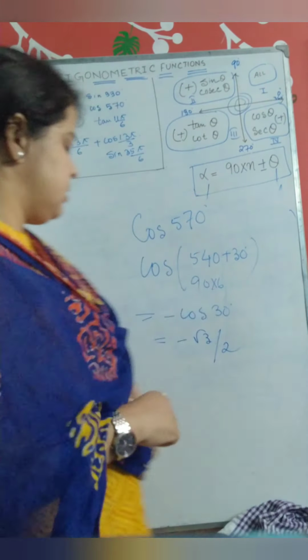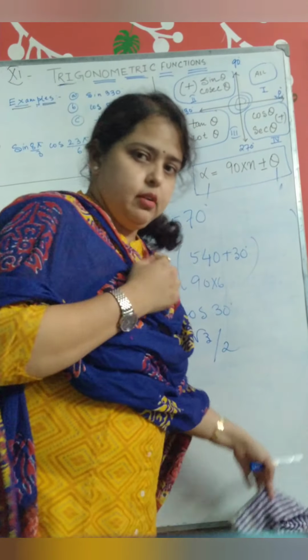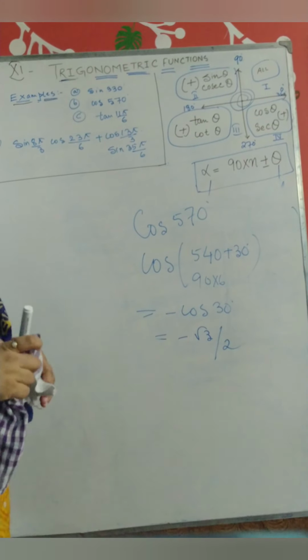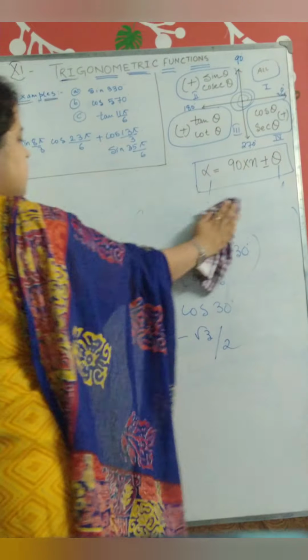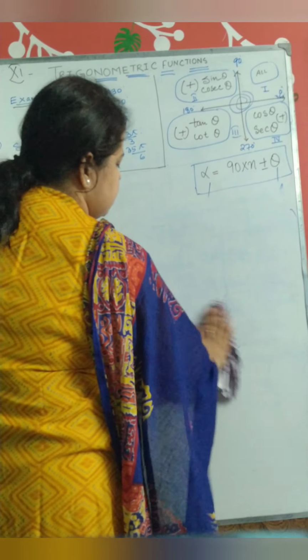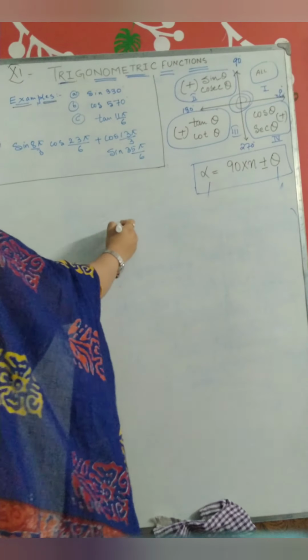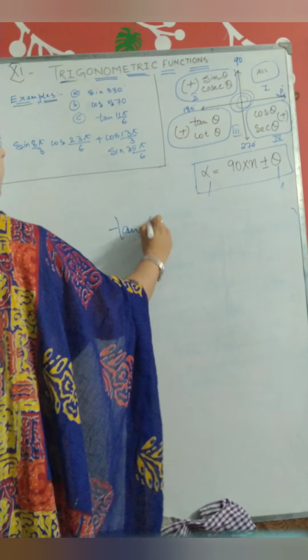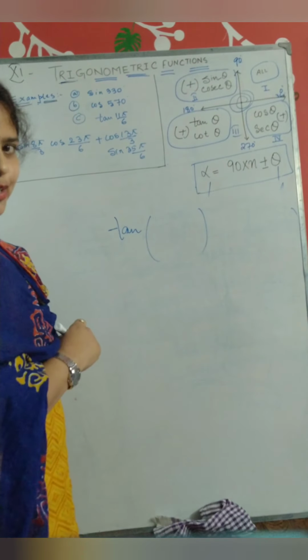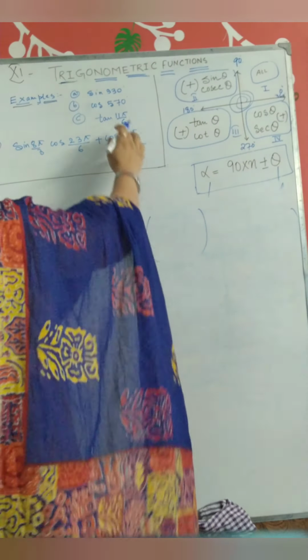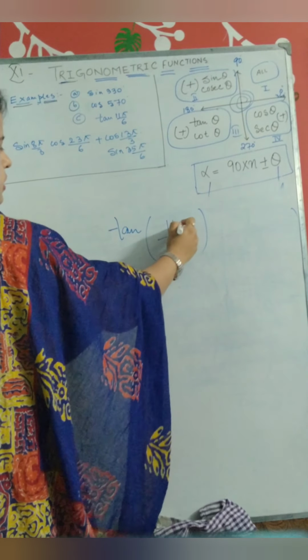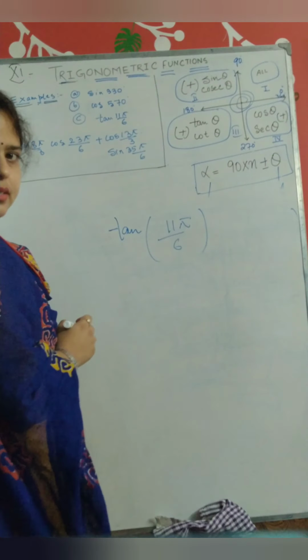And when the problem is in radians, I have seen students converting the radians into degrees. Please don't do that. Try to solve it here with the radians only, as I'm guiding you. Fine. So it's 11 pi by 6.